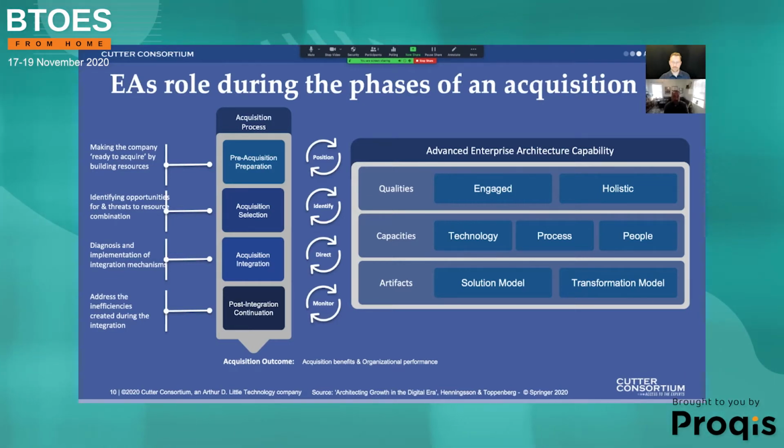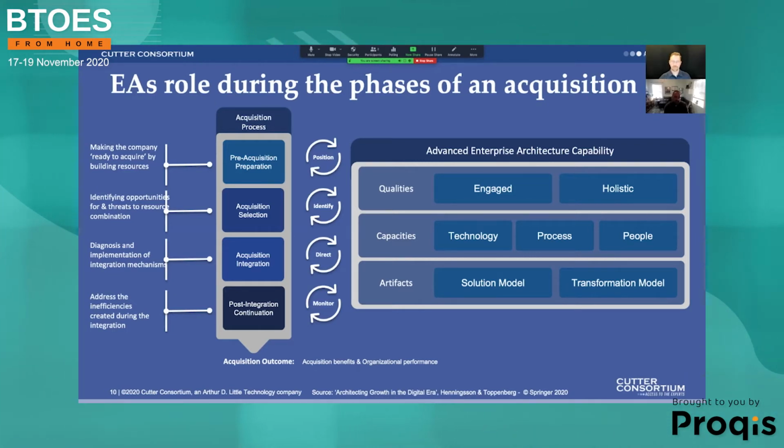And therefore, because of the role that they play, can help identify opportunities for acquisition targets and potentially also help identify areas of threats of resources as well, how an organization that comes in and merges with the existing organization, and potentially in certain cases, we've seen companies where multiple acquisitions are all happening at the same time. So don't think of this as a linear process, but think of it as a sort of multiplier effect that happens depending on how acquisitive your company is.